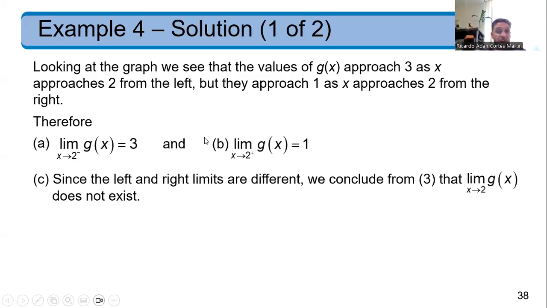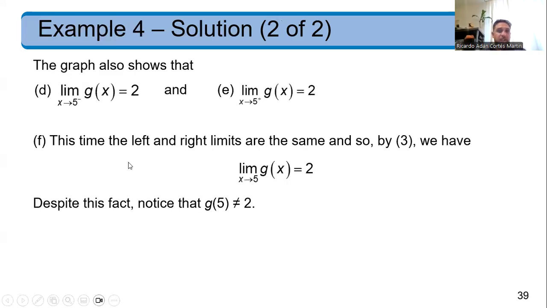So because they are not the same, then the absolute limit of g of x as x tends to 2 doesn't exist. Okay? There is no limit of the function there. Even though the one-sided limits do exist, okay? Because these do exist. Now, for x equal to 5, the situation is a little bit different.